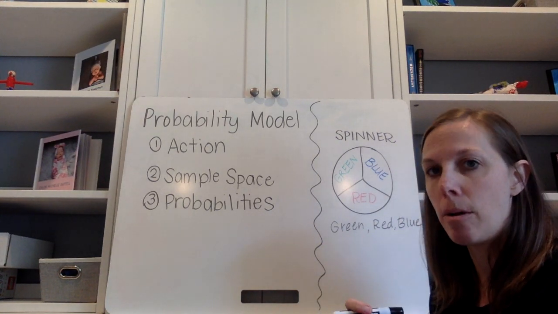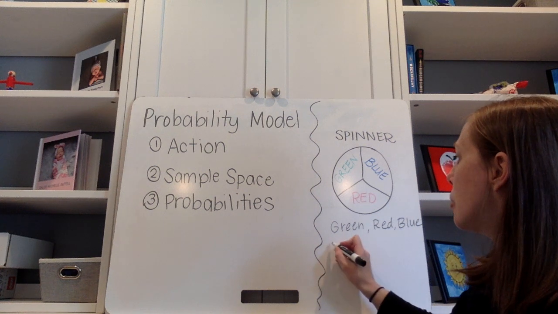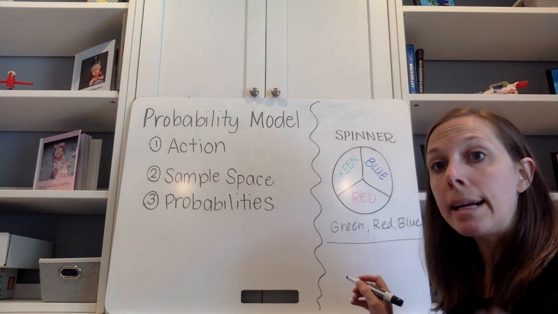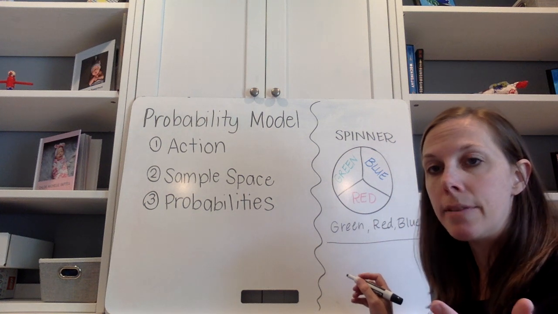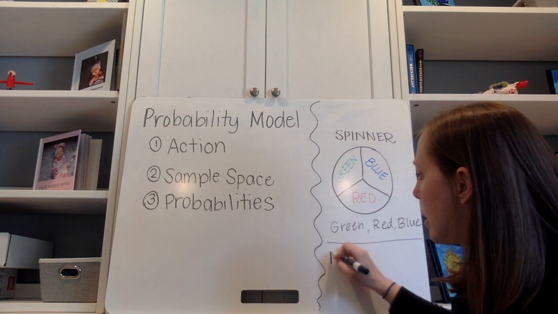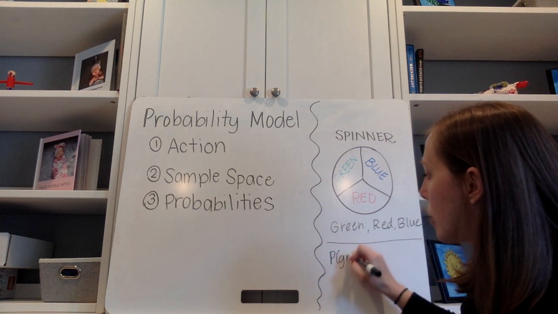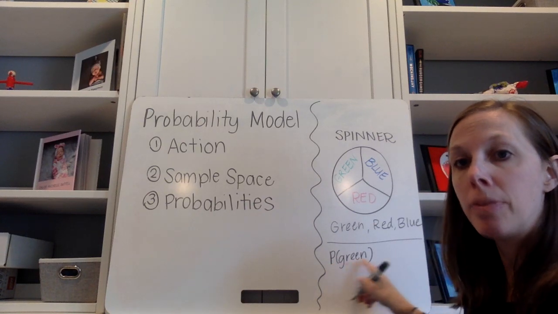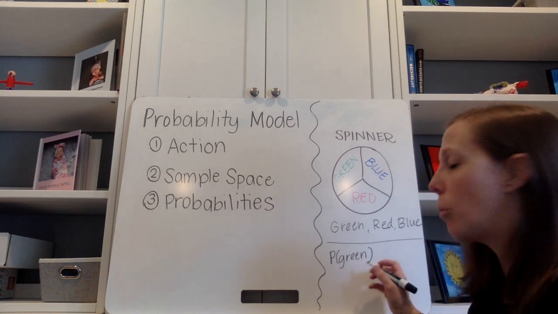Every possible outcome. Then when we go to write our probabilities, and this is a little bit of a review of the last activity you did, how do we write a probability? I'm going to say the probability of me spinning green. Remember, we write capital P and then in parentheses, what's the thing that we're looking for?